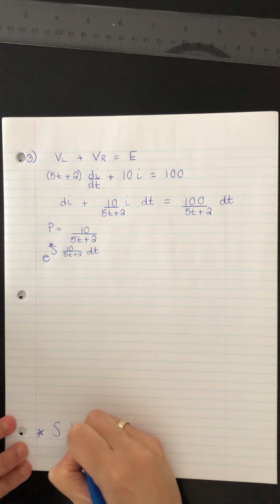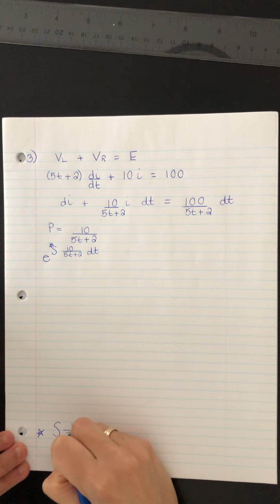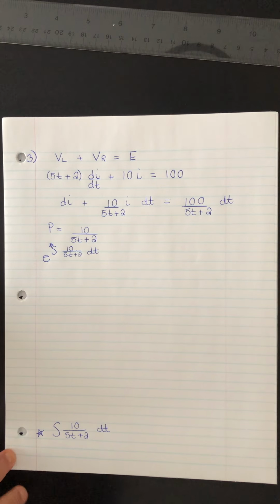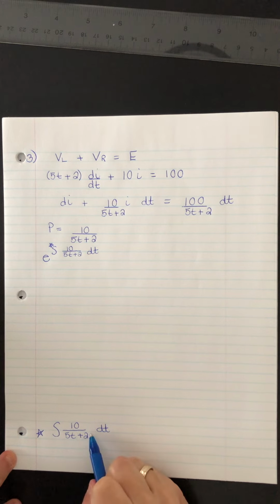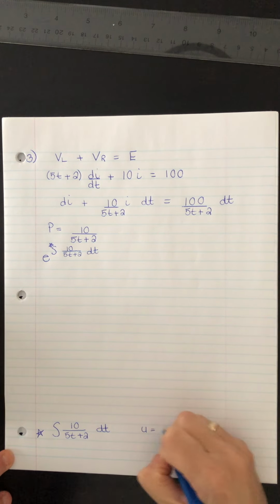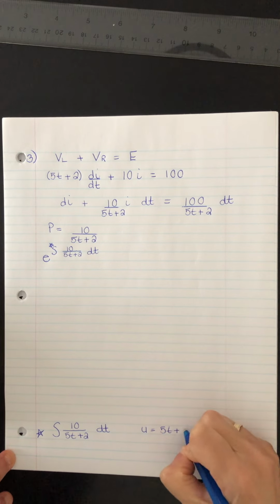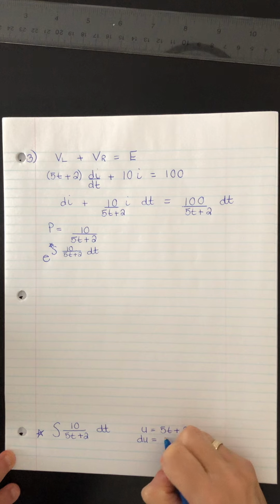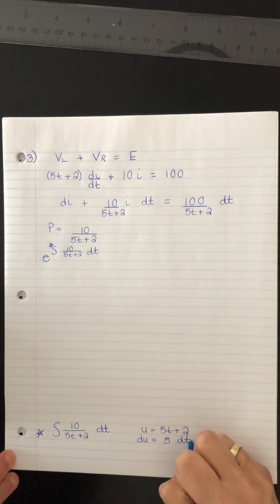So we have 10 over 5t plus 2 dt. In performing the integral here, we let u equal the denominator. So u is 5t plus 2. This means du is 5 dt.